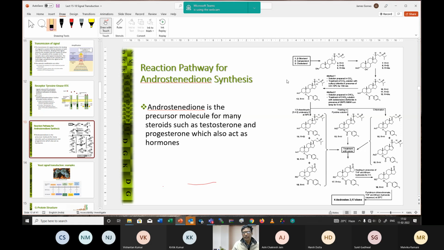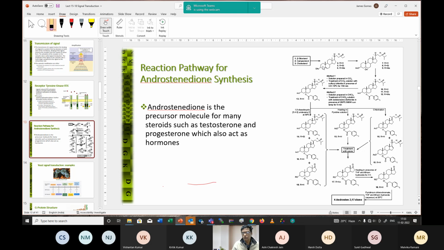In biological systems, if you're consuming a plant sterol, or an animal sterol like cholesterol, all of these can enter this pathway and give you one of the compounds, essentially a steroid that gives you the precursors for testosterone and progesterone, as well as having other anabolic properties.